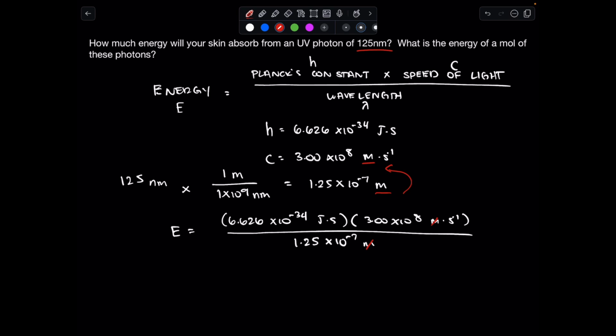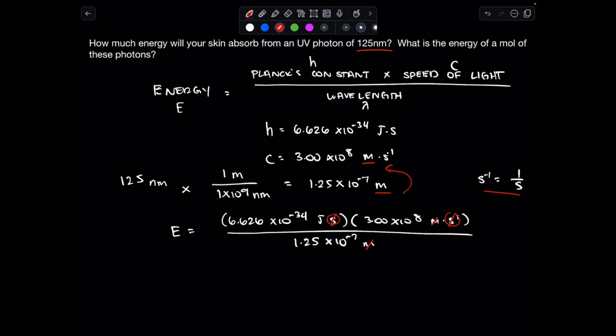Another way to write that per second, if that's a little bit confusing, is per second is the same as saying 1 over seconds. Because of that, we now have our seconds over here to the left. We have our per seconds, or our 1 over seconds there on the right.